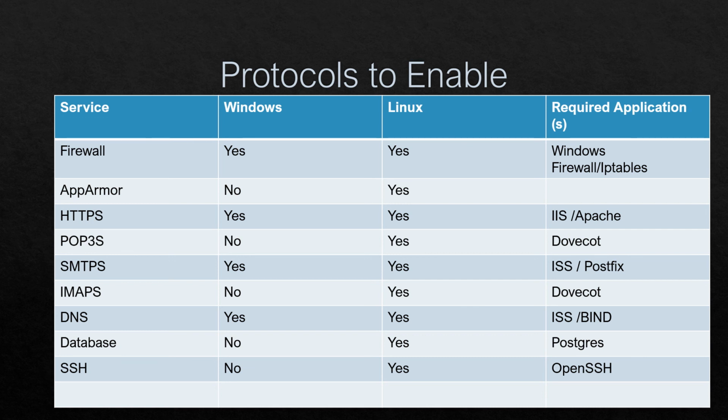And for that, we were supposed to enable some protocols. The protocols were the firewall, HTTPS, POP3S, SMTPS, IMAPS, DNS, the database, and SSH. So to be more specific with the Windows, we are to deal with the firewall.